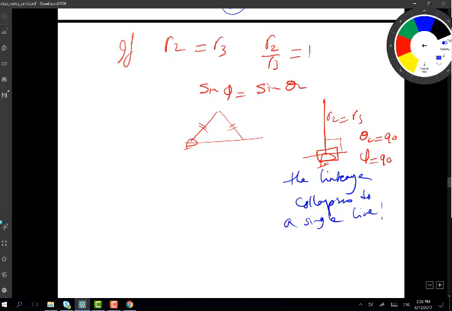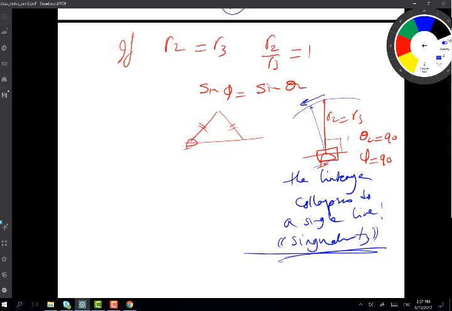And this is a singularity, of course. That's a singularity you don't want to have in your linkage, right? Because after this point, if the crank comes to this point, you don't know exactly what will happen. If the crank is trying to move further from here, you don't know exactly where the slider will go, in the right direction or the left direction.